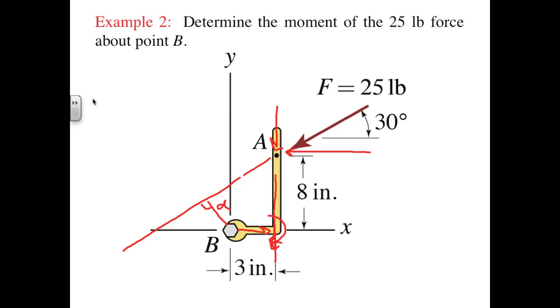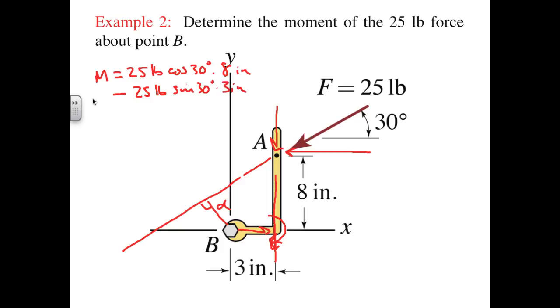The moment then, using the scalar approach, is the Fx component, which is 25 pounds cosine 30 degrees, times the moment arm of 8 inches, and then minus the y component contribution, 25 pounds sine 30 degrees, times 3 inches.